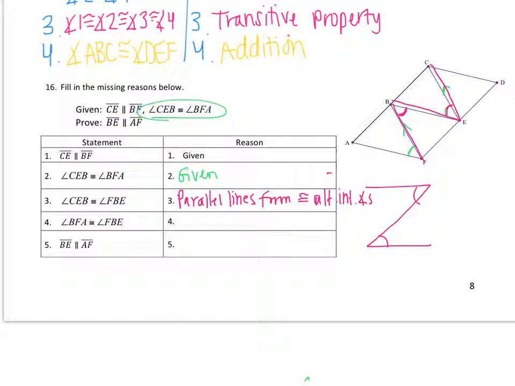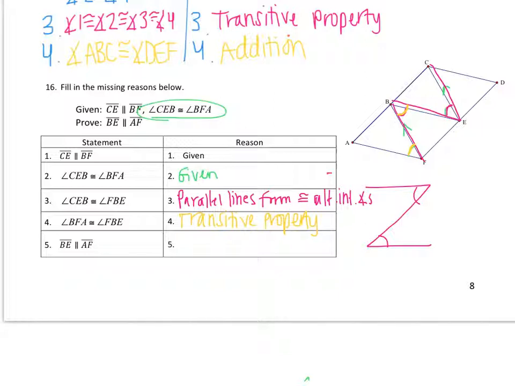Step 4 says that angle BFA, this one down here, is congruent to angle FBE. So this reason is that we have the transitive property. Remember that originally we had this angle, let me get a different color here.